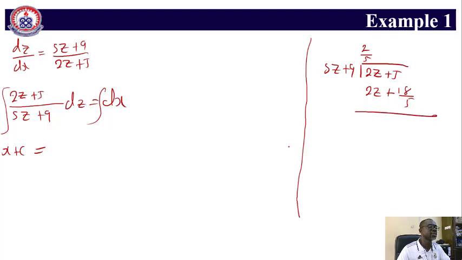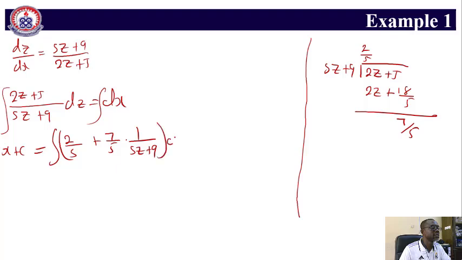So we subtract and we get 7 over 5. So this integral can now be written as 2/5 plus 7/5 times 1 over (5z plus 9) dz.